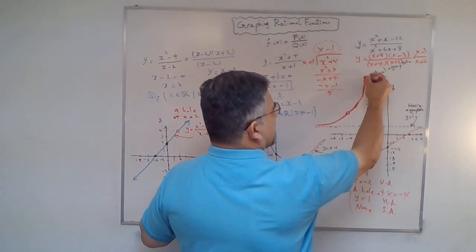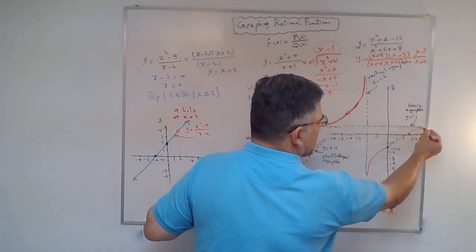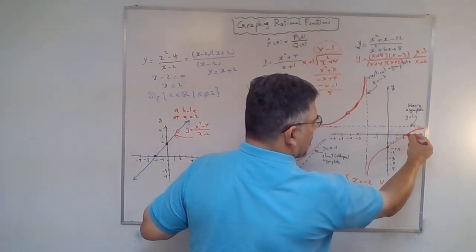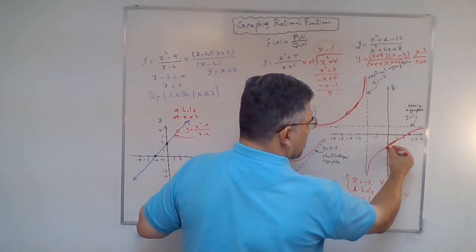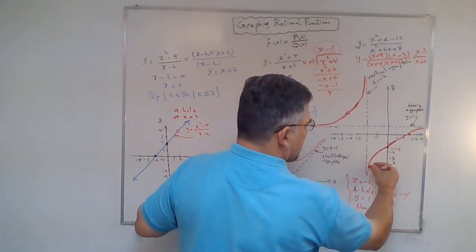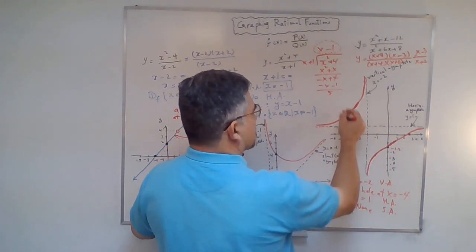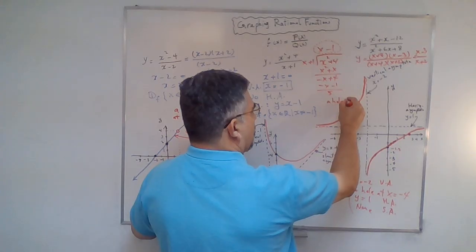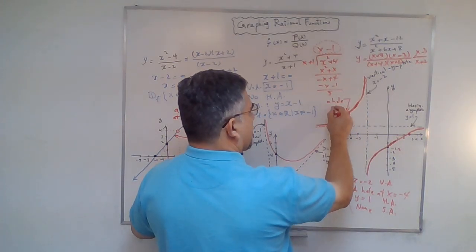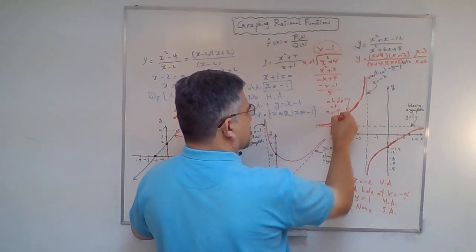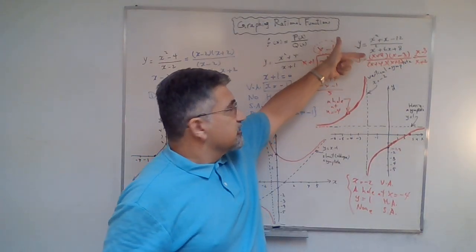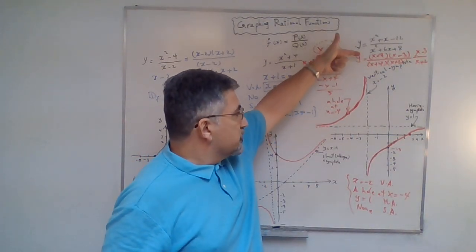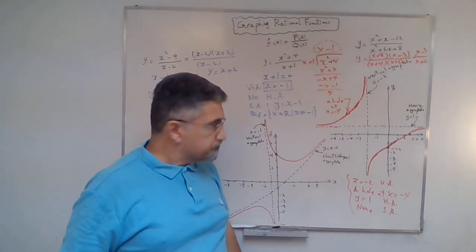The other branch on the right-hand side is okay. So here we do not have any hole. So everything is fine. All the points are defined, but not here. So we have a hole right here, okay, at x equals negative 4. And obviously that's because of the factor that is common in between the numerator and the denominator.